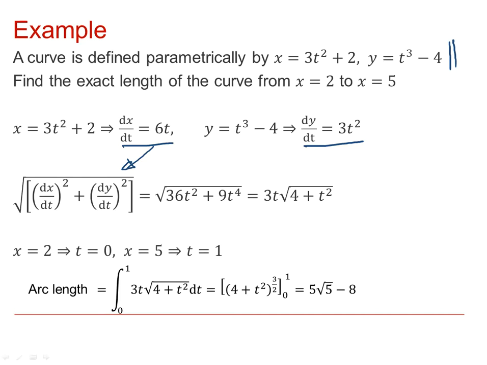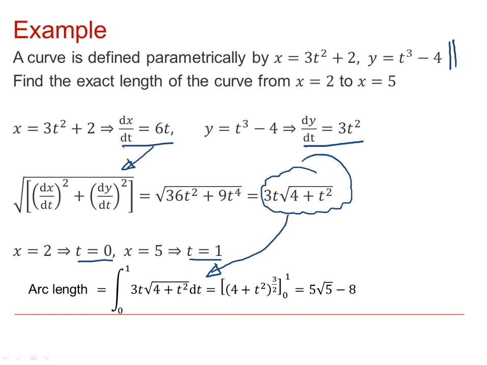That gave us an expression 3t square root of 4 plus t squared that we needed to integrate. But remember that we need the limits of the integral to be values of t and not x, so we needed to calculate t at each of the points x equal to 2 and x equal to 5, which gave us t equal to 0 and t equal to 1.